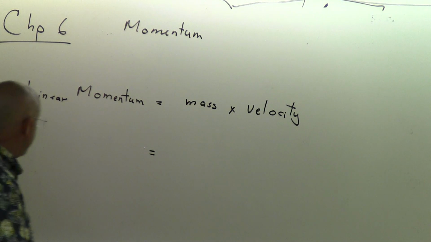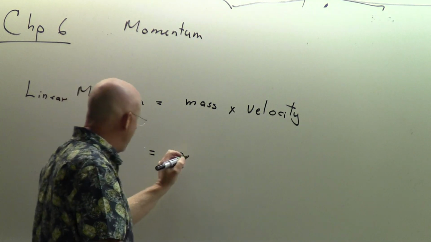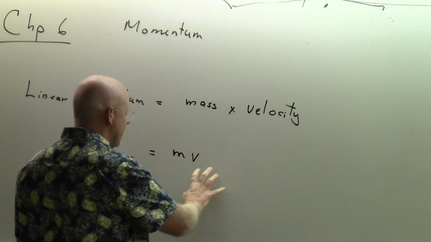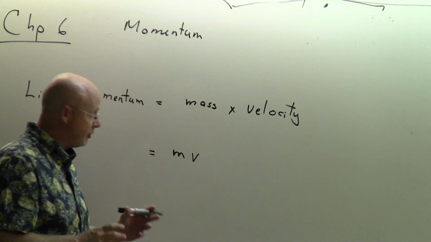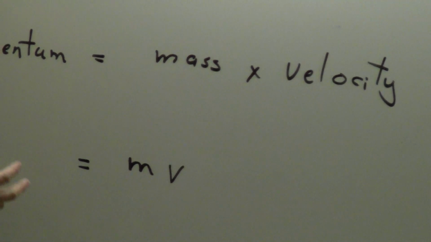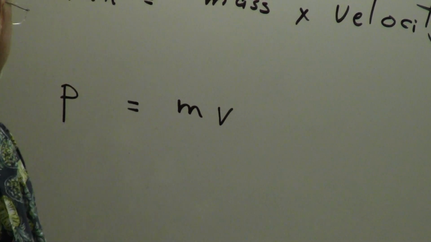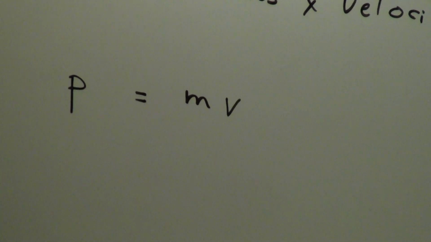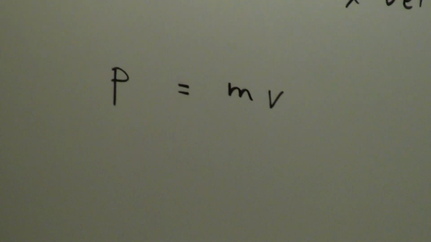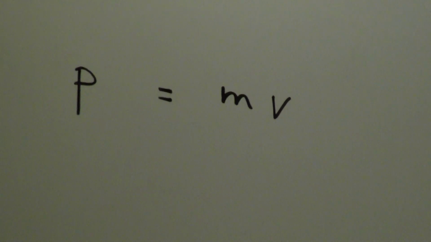In fact, you've already had a discussion and a symbol for mass, and we've already had a discussion and a symbol for velocity, so I'll just put the m and the v here. The product of those two is called the momentum, the linear momentum, and the traditional symbol is p after the Latin. That one's not so obvious. But that's going to be our definition.